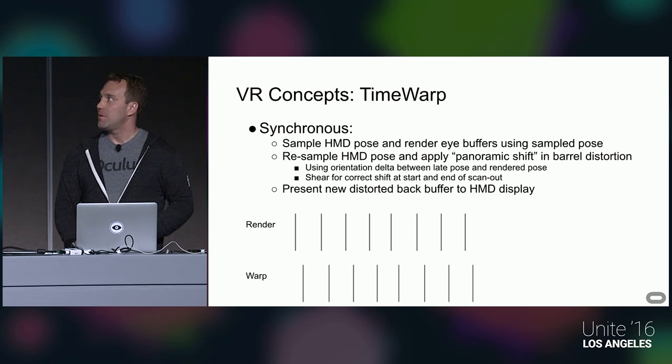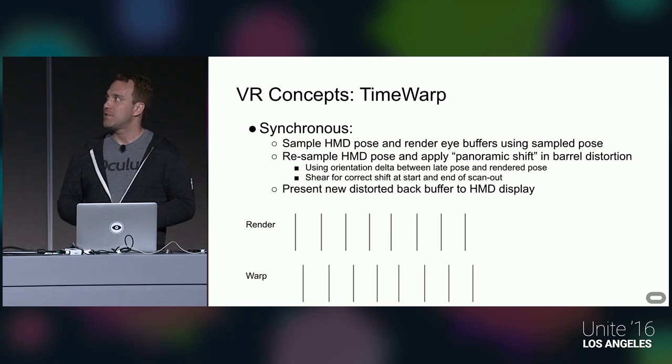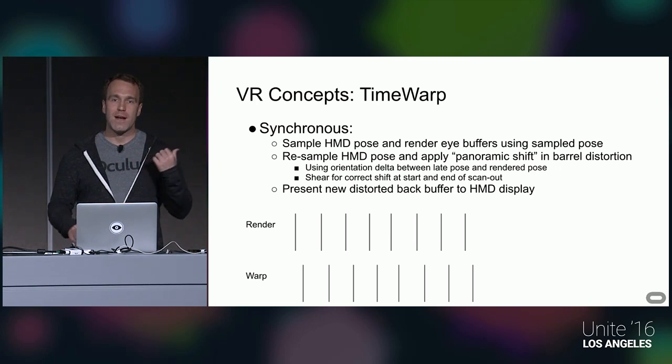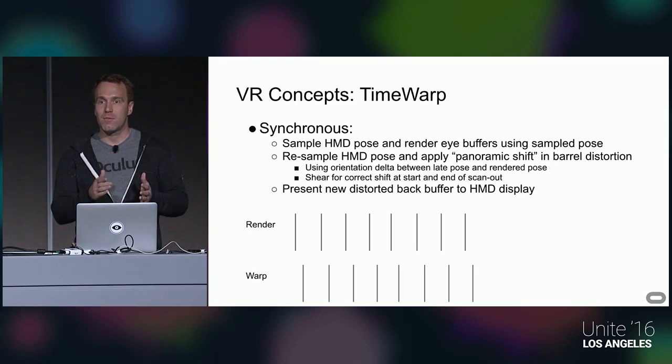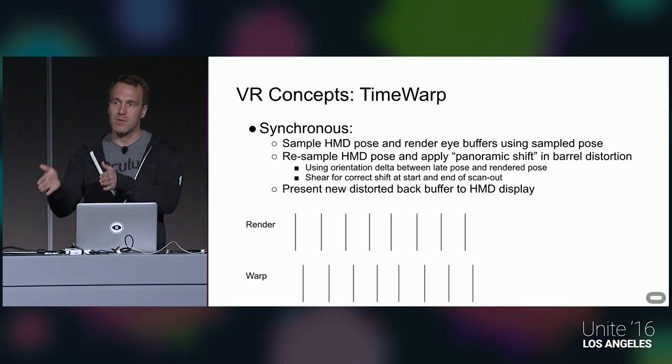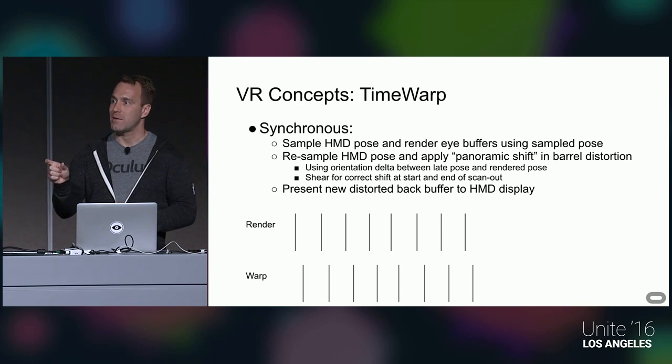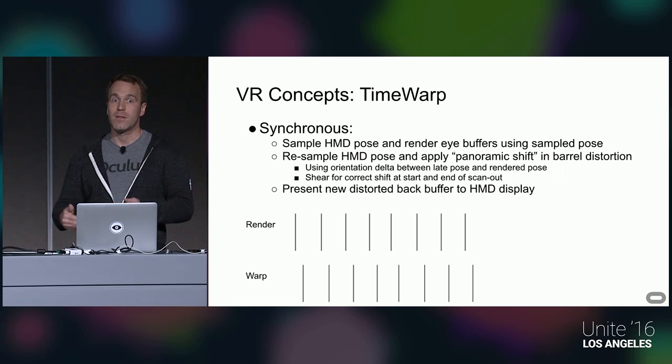There have been multiple iterations of time warp. The first thing we had, over a year and a half ago, was synchronous time warp, which was run implicitly by the end frame command. As soon as wait for end of frame retired, Unity would start working on this. It would take the rendered image and shift it immediately on the same thread that you did the rendering on.